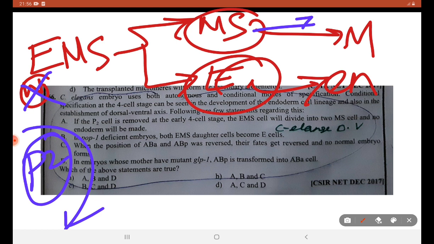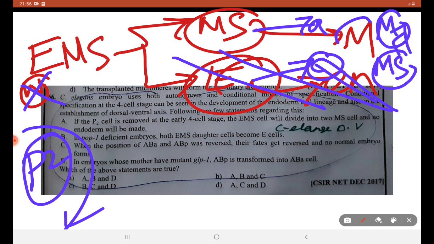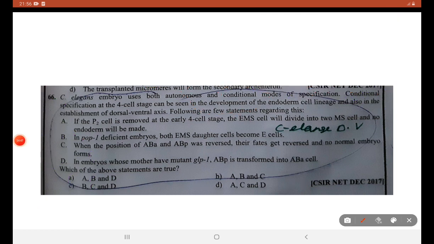MS is autonomously specified, E is conditionally specified, so E will not be there. Instead of E, there will be another MS. So endoderm will not be produced. They give rise only to mesoderm. Are the statements understandable? Okay, I hope it's clear.